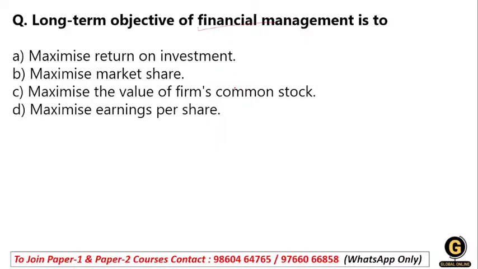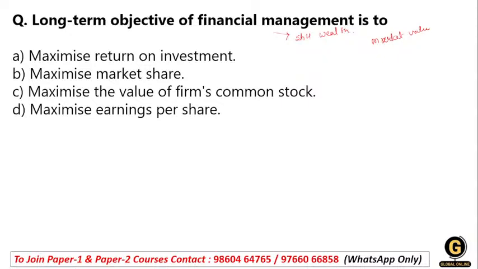First of all, financial management specifically helps the owners of the company, it is to maximize the owners' or shareholders' wealth. This is represented by the maximum market value of the firm, or the firm's common stock, and it reflects the overall value creation for the shareholders.